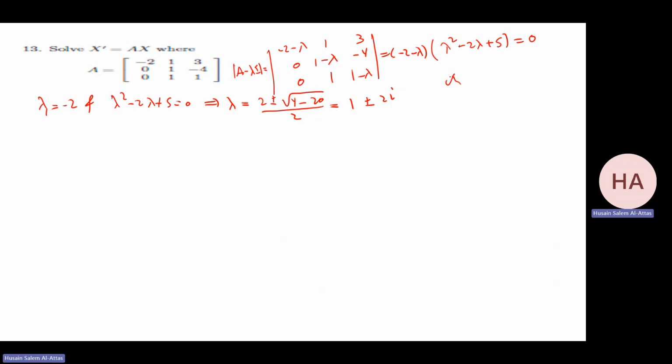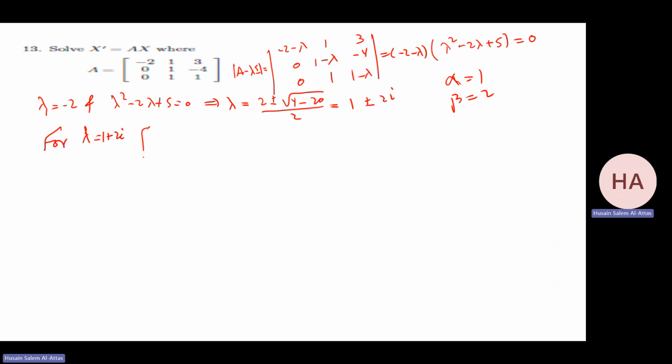So I have alpha equal 1 and beta equal 2. So for this eigenvalue, I now need to find the solutions through cosine and sine within a real case.